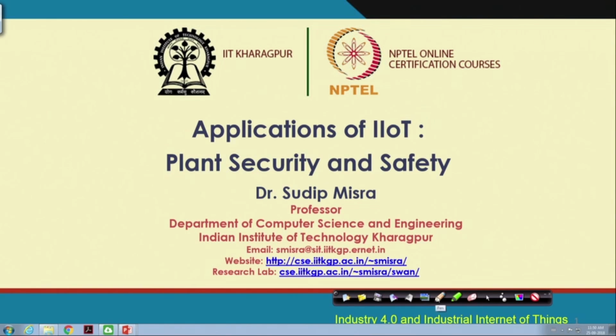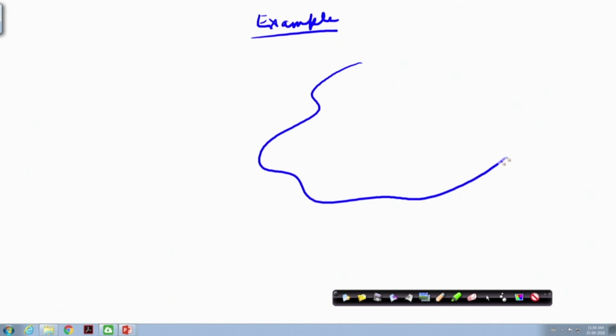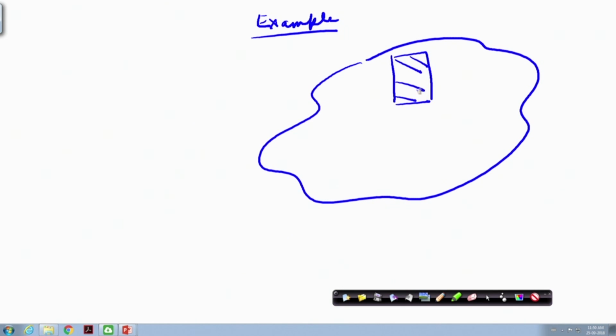Let us say I am going to run you through an example. Let us look at this particular example. Let us say that this is your manufacturing plant. A typical manufacturing plant would have different facilities, different buildings for doing different stuff.